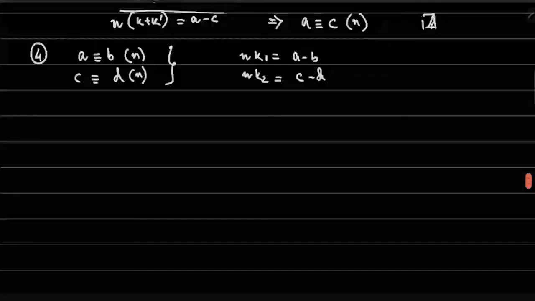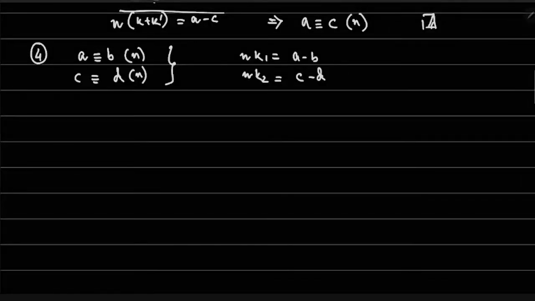Now, what can we tell about A plus C minus B minus D? Sorry, I made a small mistake. We want A plus C is congruent to B plus D. So we can just arrange it: A minus B plus C minus D is equal to n into k1 plus k2.